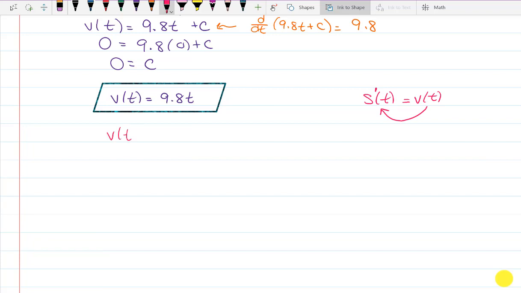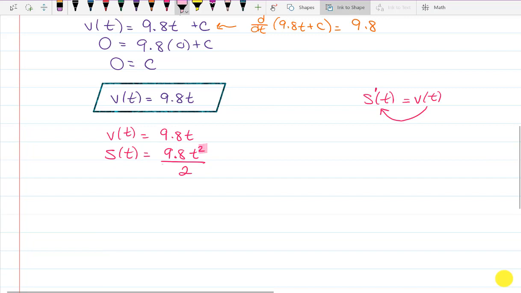So v of t is 9.8t. So s of t then is 9.8t squared divided by 2, because we add 1 to the exponent, and we divide by whatever this number is. So this is going to be 4.9t squared plus c.